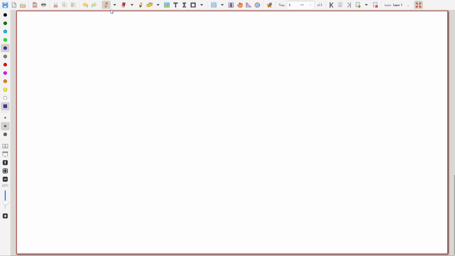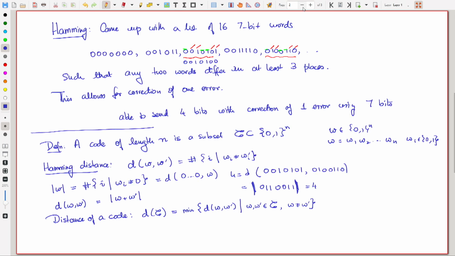Like for 4-bit correction. Excuse me, sir. Yeah. Sir, the line which you wrote, that we are able to send 4 bits with correction of one error using 7 bits, please explain that line. So, if you have 4 bits, then you have 16 total different words in 4 bits, right.